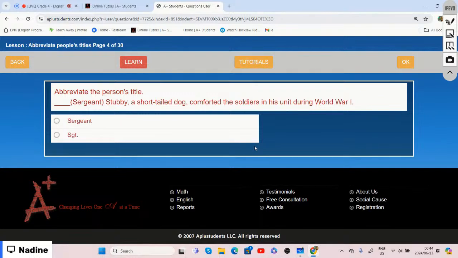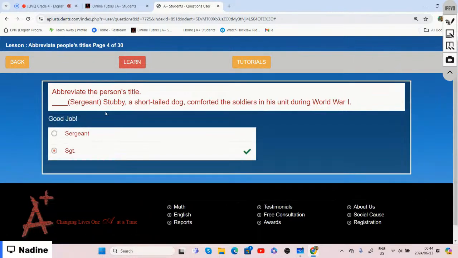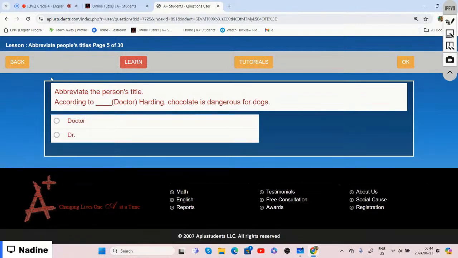All right. So if we were to identify and abbreviate this word sergeant, then yes, it will be the second option. So well done. All right, let's do our last one and then we are done for the day.